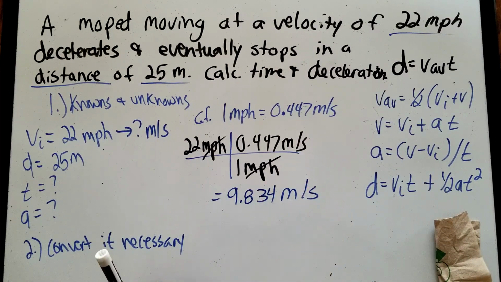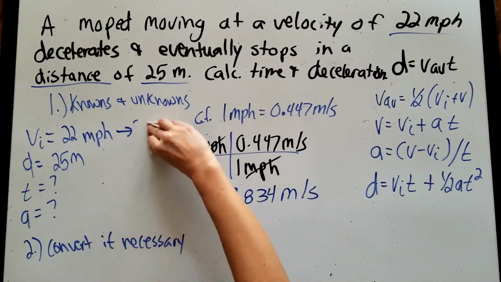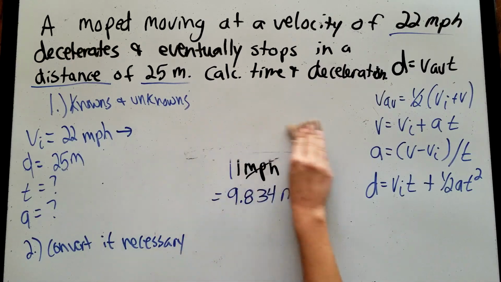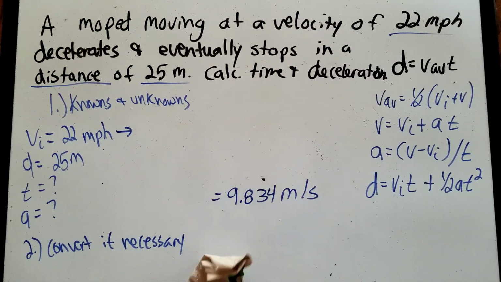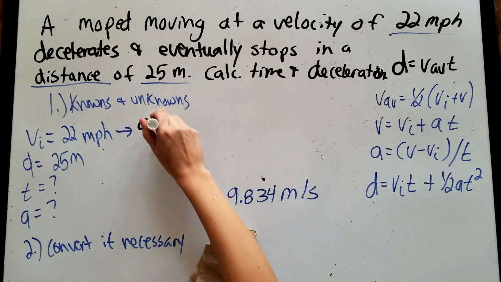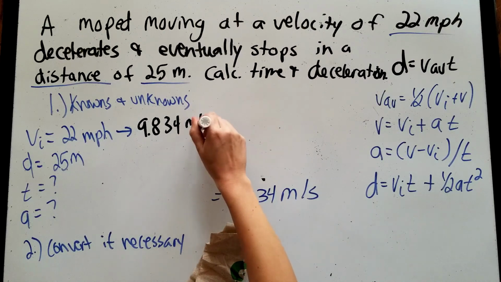Notice once again, I'm keeping all of the digits. I'm not rounding with sig figs because this isn't my final answer. So let me plug that up here. This is the value that I want to use for my velocity in those equations.